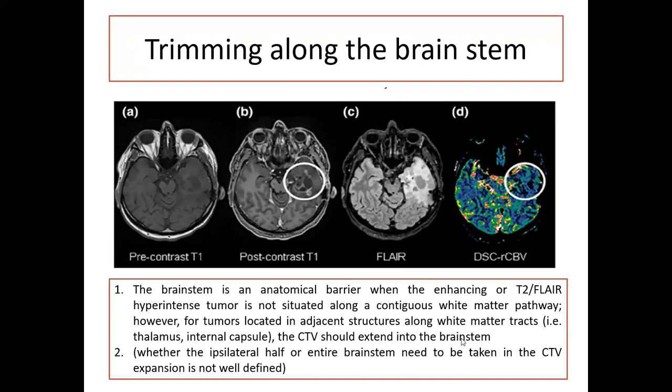So the brainstem is a barrier, but if the T2 hyperintense abnormality crosses into the brainstem in cases of internal capsule and thalamic glioblastomas, you should include it. But whether the whole half of the brainstem should be included or not is controversial. If the hyperintense area is not involving the brainstem, exclude. If involving the brainstem, include.